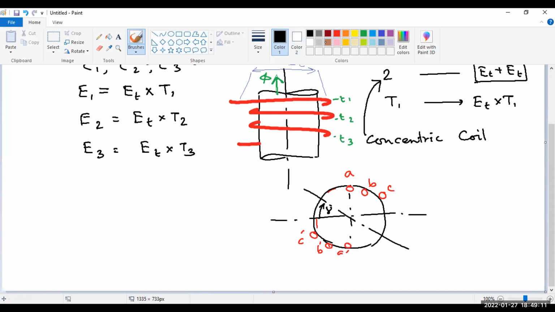Understood what I am saying? Yes, sir. This type of coil is called a distributed coil. So that is different from the concentric coil.